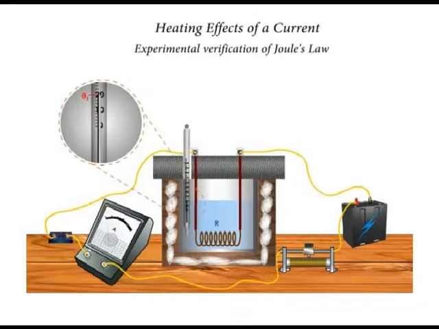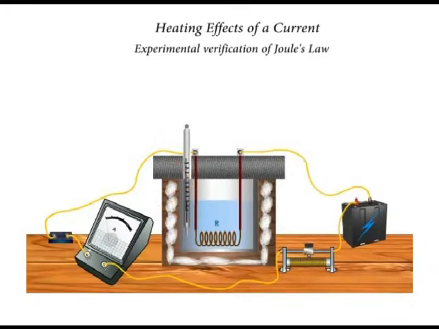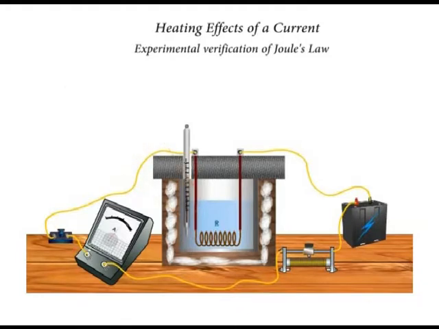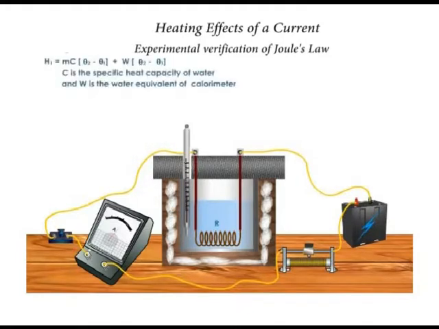He noted the initial temperature of water, θ1, and then passed a current I through the resistor for a known interval of time, say 15 minutes. Due to the flow of current, the temperature increased to θ2. He calculated H1, the heat gained by the calorimeter and water.